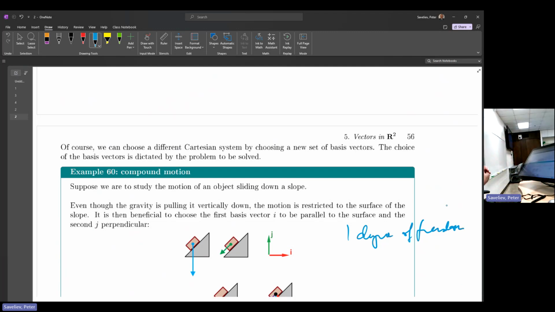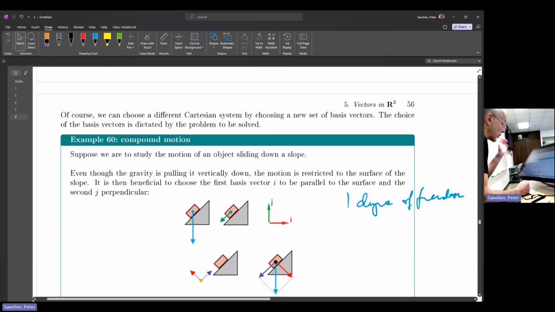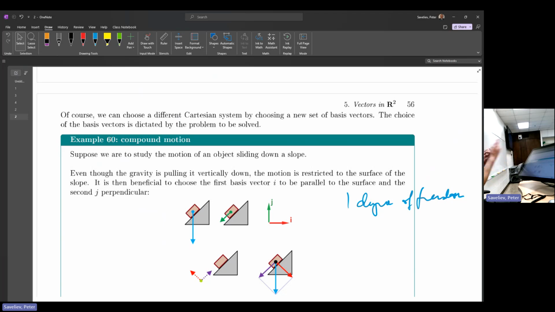and that degree of freedom is along the slope. So why not take these standard bases and replace them with something else, with one of them going along the slope? Why do I choose the other one perpendicular rather than vertical? Because that's where the resistance is.